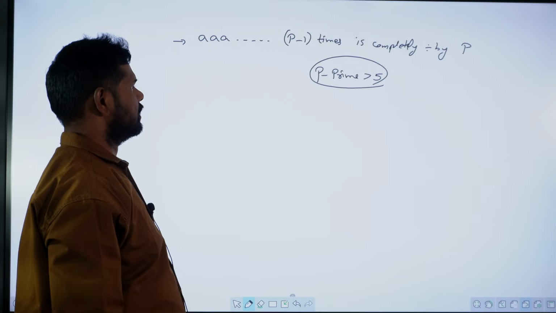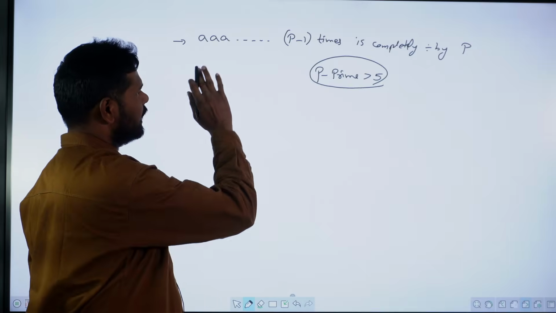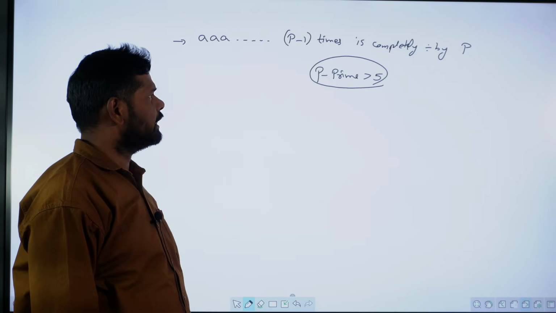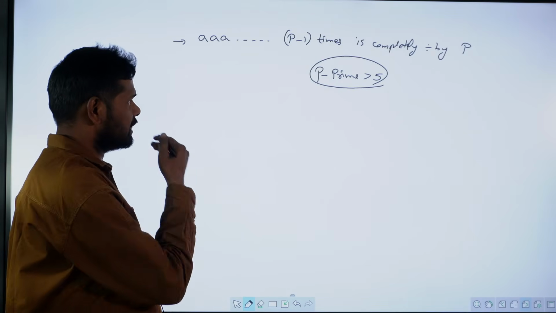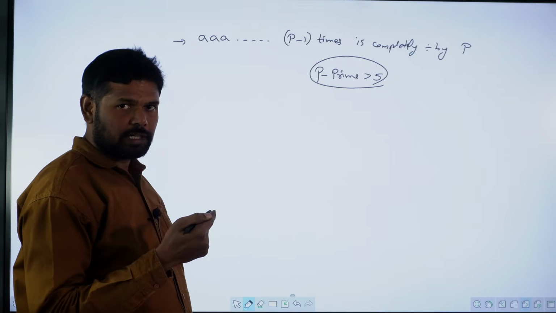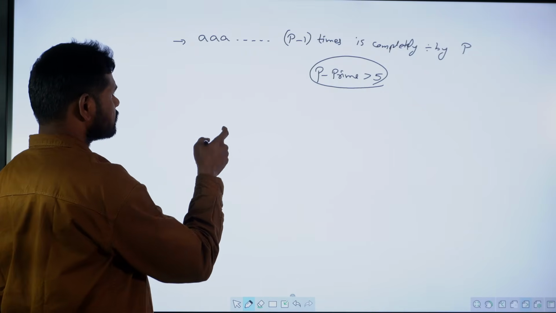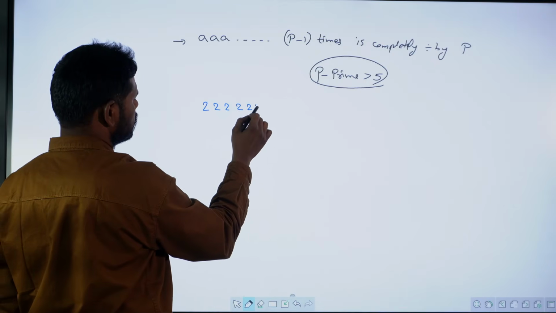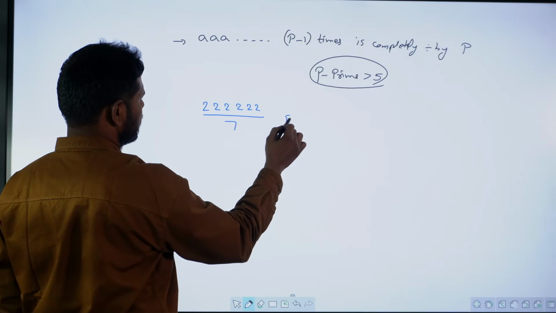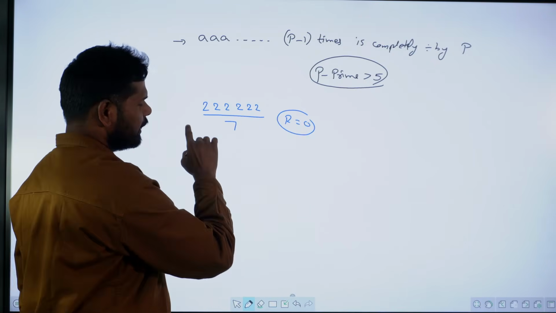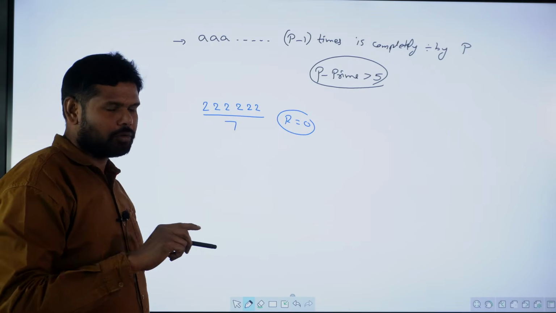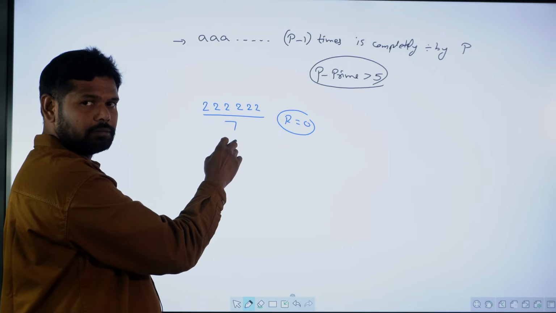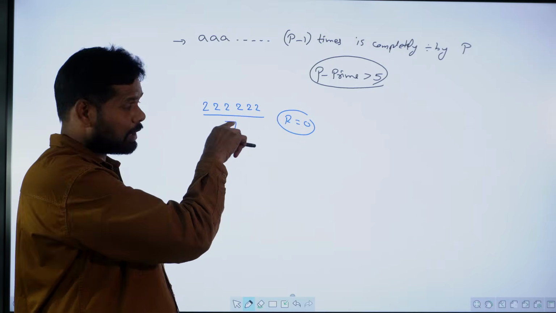Those are the numbers. A is any digit. Let us see an example. Say 7. You take any digit, suppose 222222 is divided by 7. What is the remainder? Directly I say 0. Why? Any digit repeated 6 times is always divisible by 7, 11, 13. That concept is also applicable.